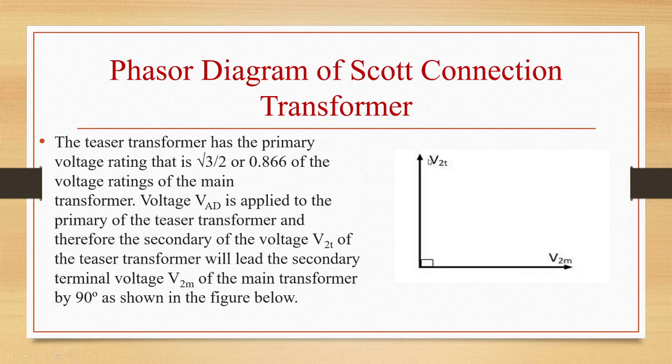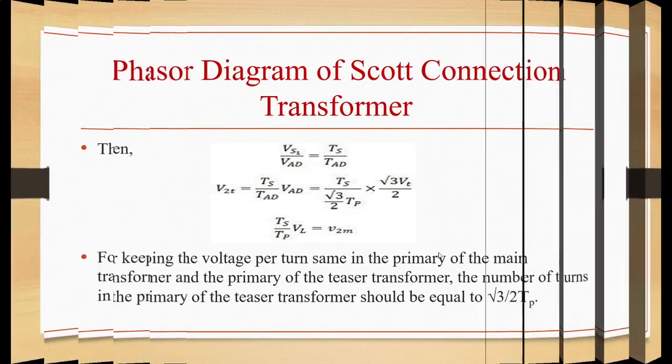So what we are telling here is that the TZ transformer has a primary voltage rating 0.866 of that of the main transformer, and VAD is applied to its primary. Therefore V2T leads V2M by 90 degrees. Between V2T and V2M the angle is 90 degrees.